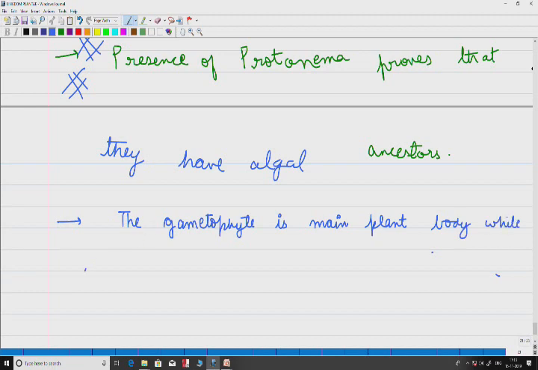While sporophyte is short-lived generation.